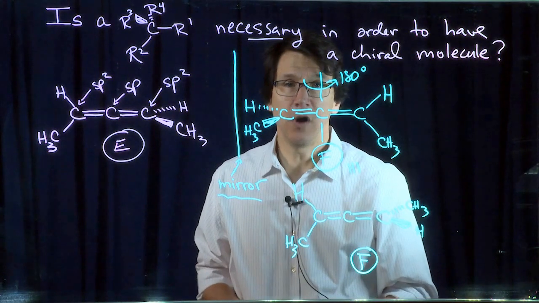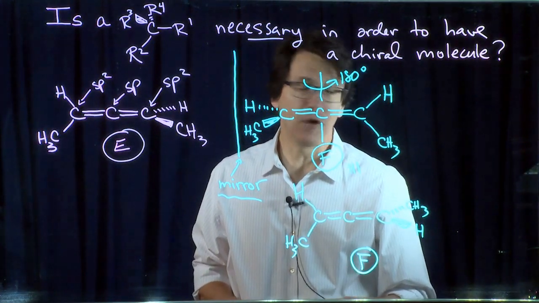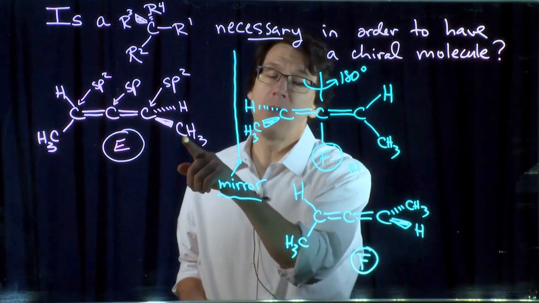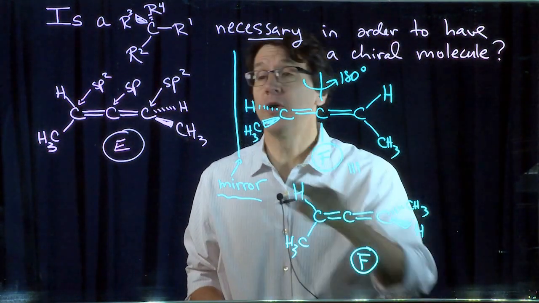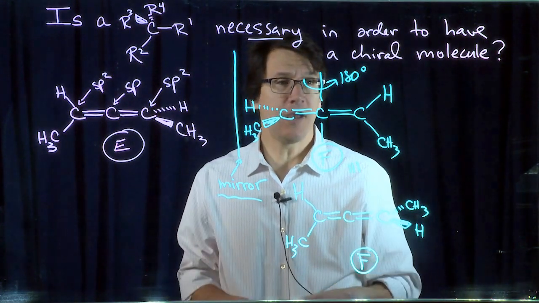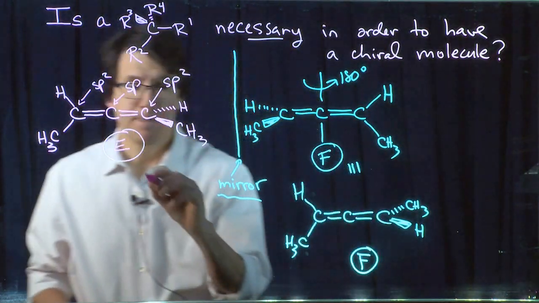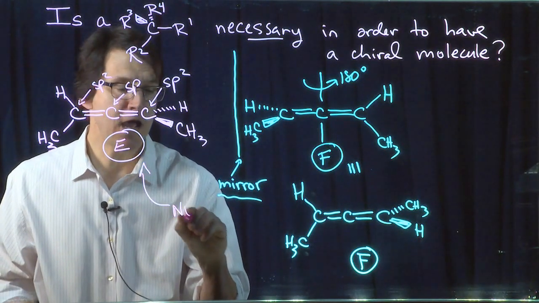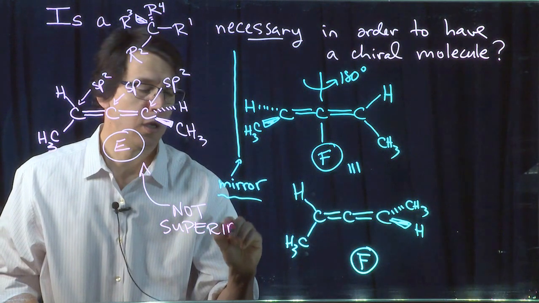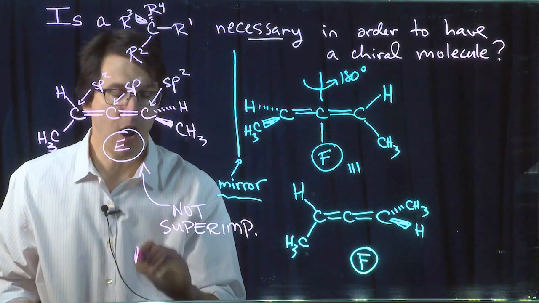But where's the rub, as Shakespeare might write? Well, look at this. This hydrogen is going to end up where this methyl is. This methyl is going to end up where that hydrogen is. So are E and F the same? No, they're not. Okay, they're not superimposable. They are mirror images.